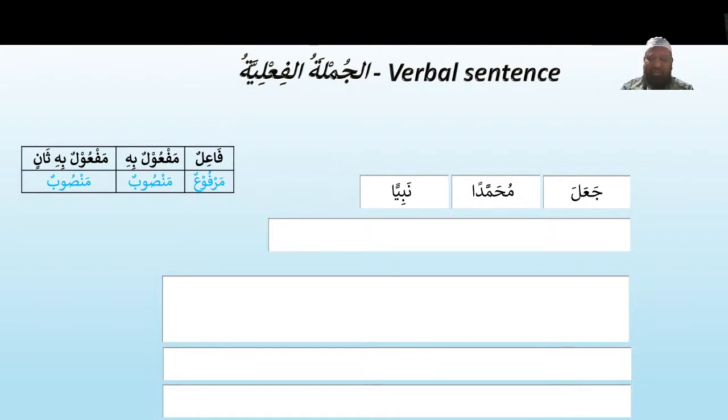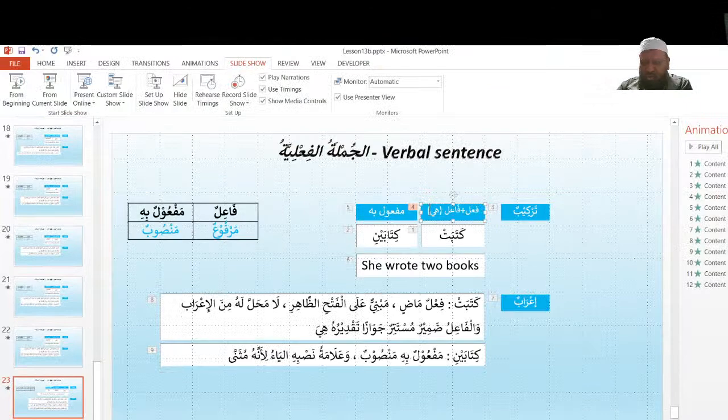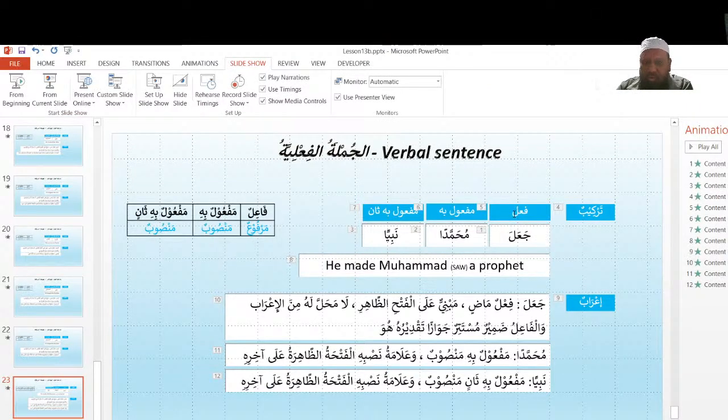In this sentence, the fa'il is not ism dhahir, it is mustatir. فجعل محمدا نبيا. تركيب: جعل فعل وفاعل which is هو.